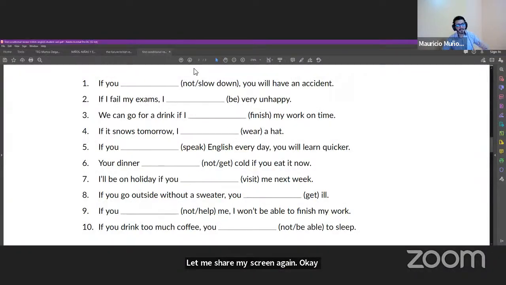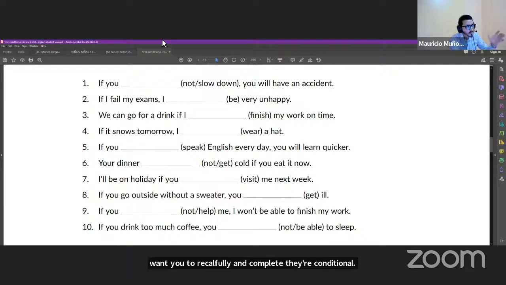Okay, now it's time to practice. Let me share my screen again. There you go. As you can see, we have 10 different exercises. I want you to read carefully and complete the conditional. Remember, this is the first conditional.